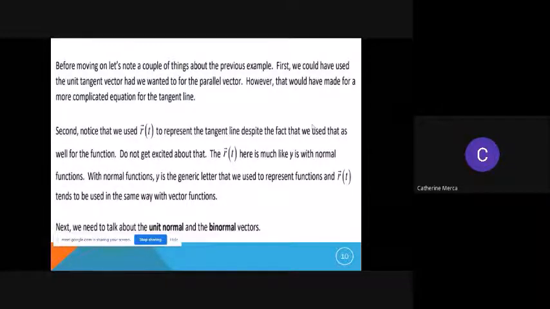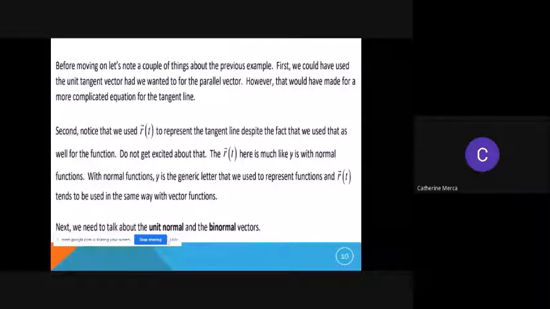Also, notice that we used r of t to represent the tangent line, despite the fact that we use that as well for the function. So, I mean to say, ang r of t is much like y is with normal functions. With normal functions, y is the generic letter that we use to represent your function.